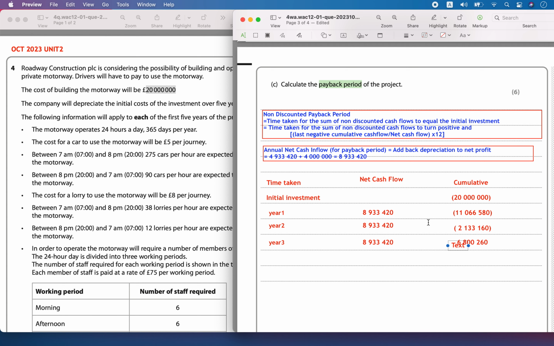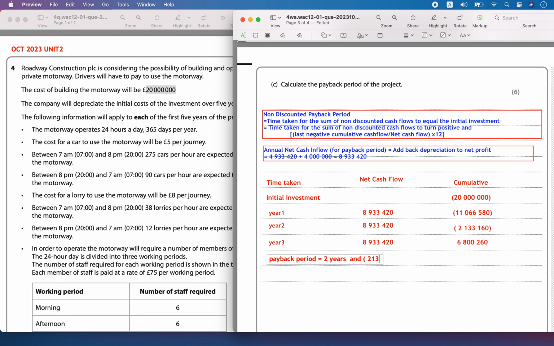Now the payback period for the project is going to be equal to, so we can see that it took 2 years to complete the return of investment. So 2 years, and the remaining months you will calculate like this.